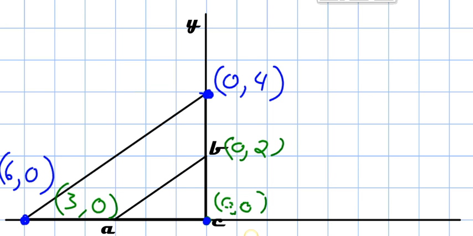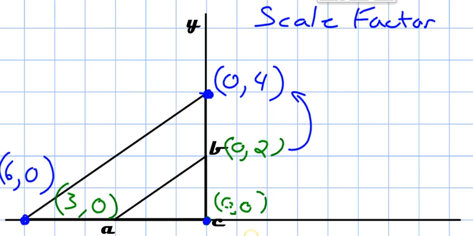So the question is, what is what's known as the scale factor? How much did this shape increase by? How much bigger is it? To determine that, we're going to compare our coordinates. What is the relationship between these coordinates and these two coordinates? What you're going to see is that on this coordinate, our 3 increased to a 6, which is multiplying by 2.